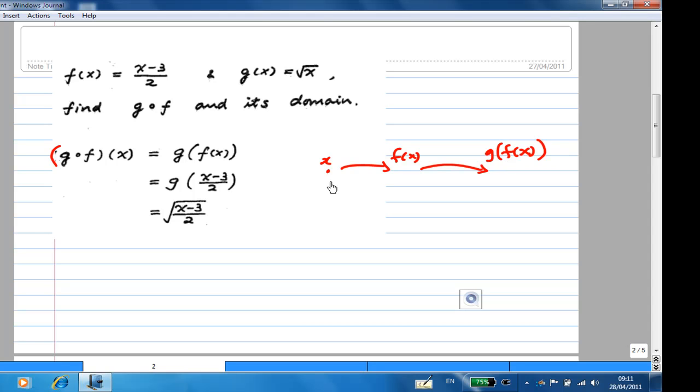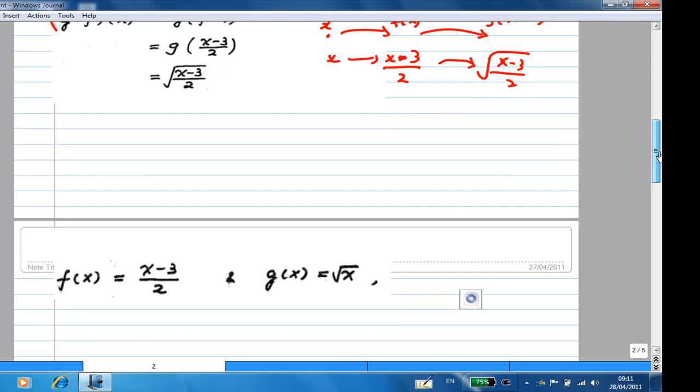When you apply f to x, you get (x minus 3) over 2. Then you apply g, which takes the square root of whatever you have, so it gives you the square root of (x minus 3) over 2. So we know the rule of g composed with f is the square root of (x minus 3) over 2.